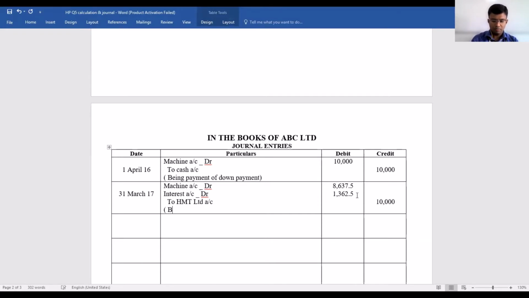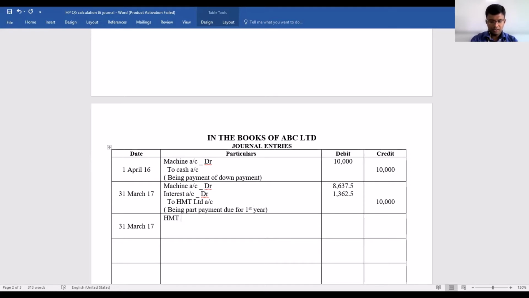Now let's write the narration. Being part payment due for first year. So this has been completed. Now what is the next entry? The next entry will be for payment of the part payment.